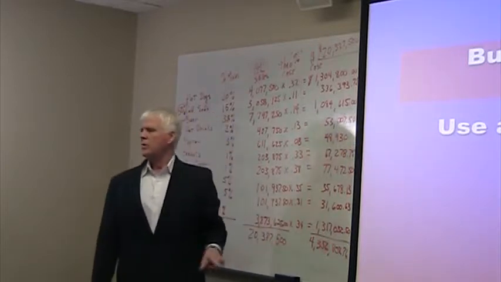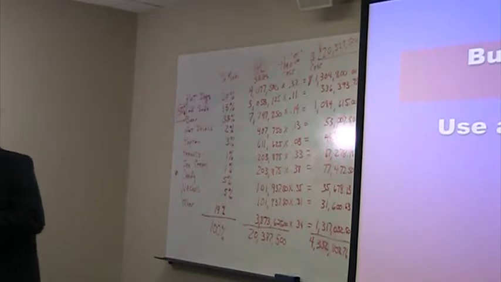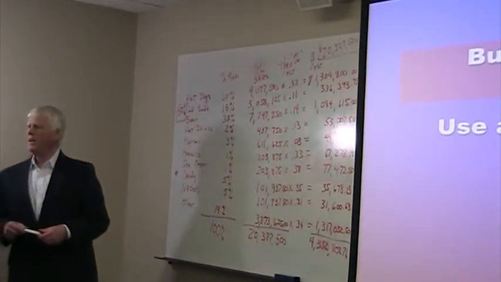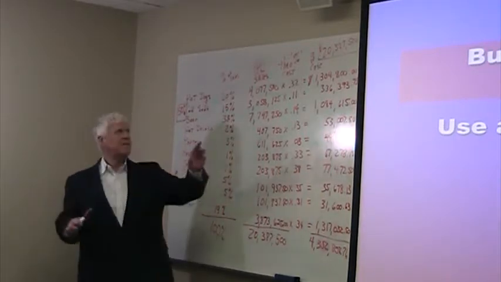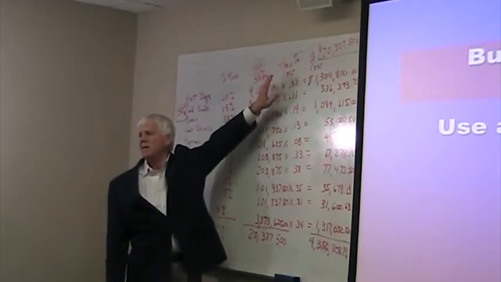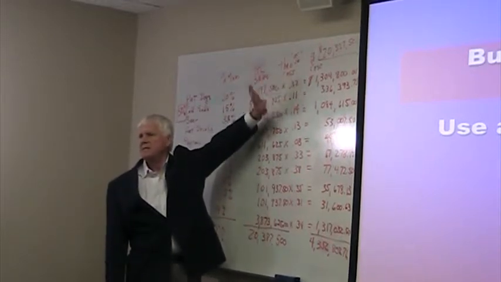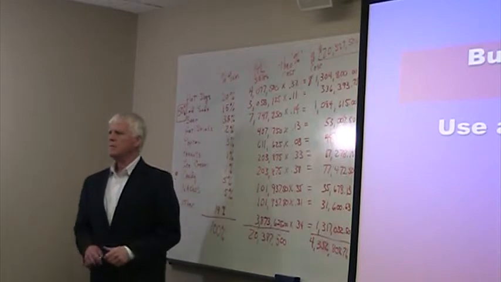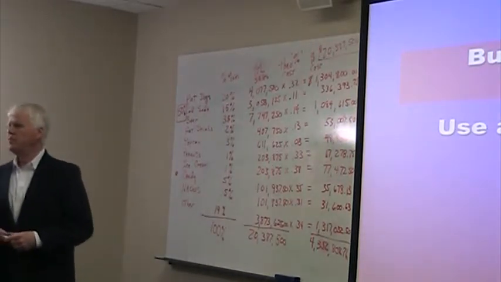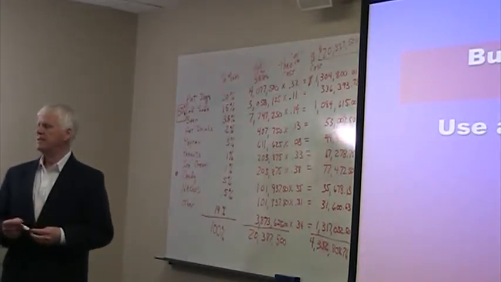Now, on the test, there'll be a question like this. What is the food cost? This is theoretical. This is no waste, no mistakes, no accidents. This is perfect cost. What is my food cost going to be as a percentage? How do you figure that?